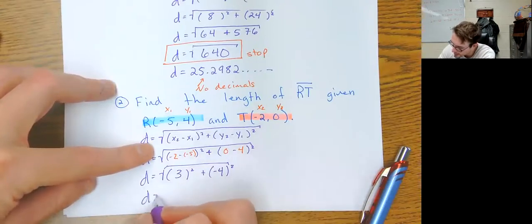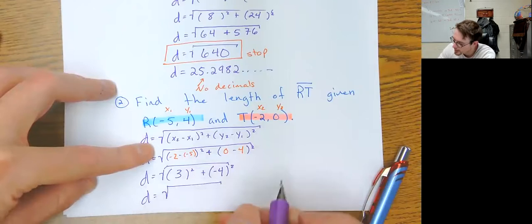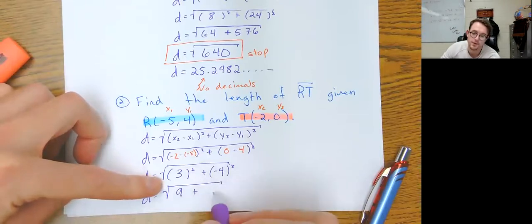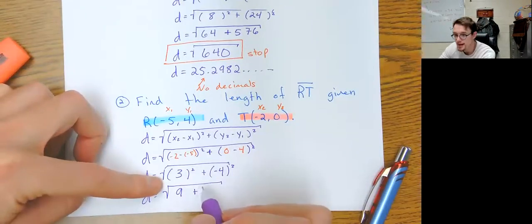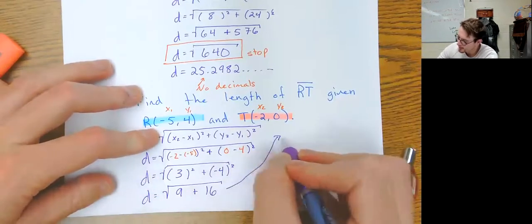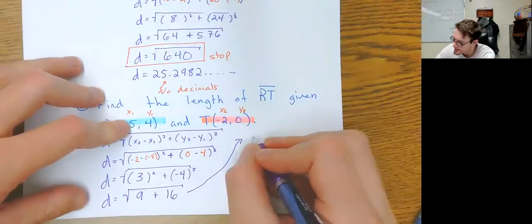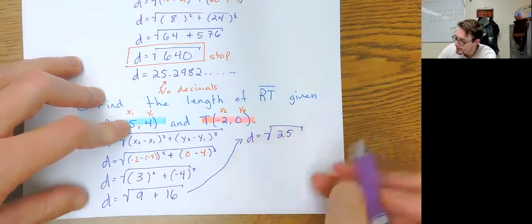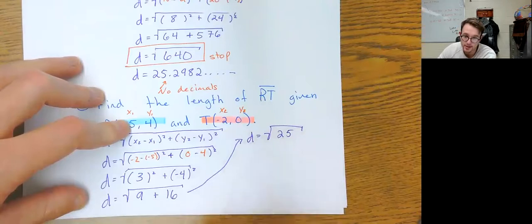And then I get d equals the square root of 3 squared. 3 times 3 is 9. Plus negative 4 squared. So negative 4 times negative 4 is 16. So then I get d equals the square root of 25, because 9 plus 16 is 25.